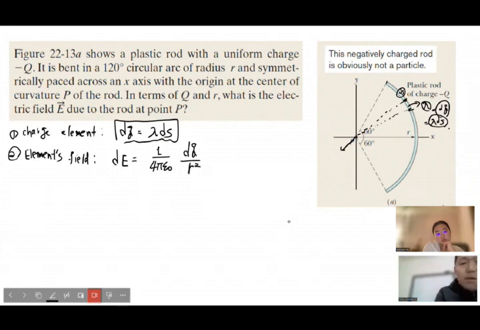Now you want to replace this dq with lambda ds. That is 1 over 4 pi epsilon naught, lambda ds over r squared. So now we're going to sum them up along this arc.